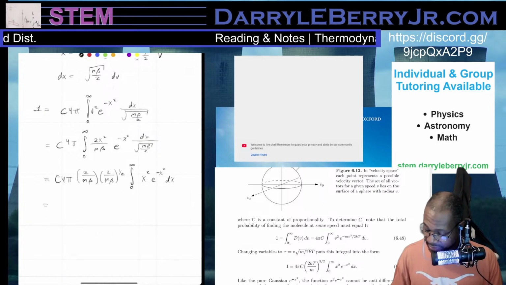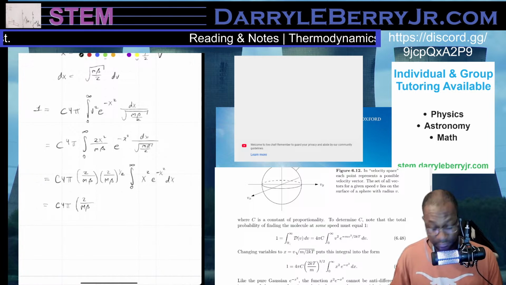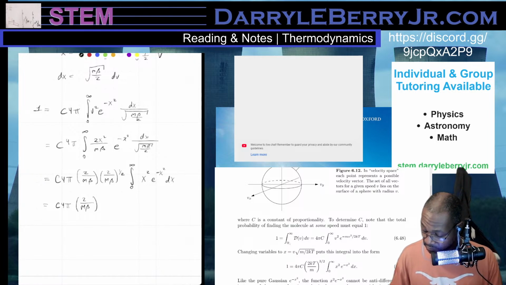And this does in fact equal c 4 pi, 2 over mb to the 3/2, integral 0 to infinity x squared e to the negative x squared dx.